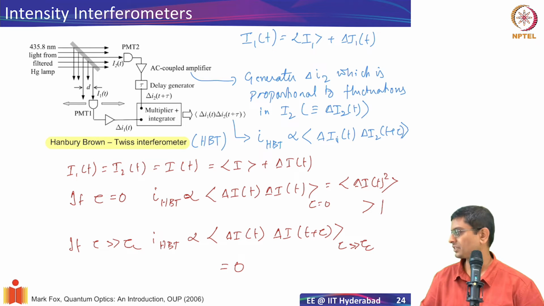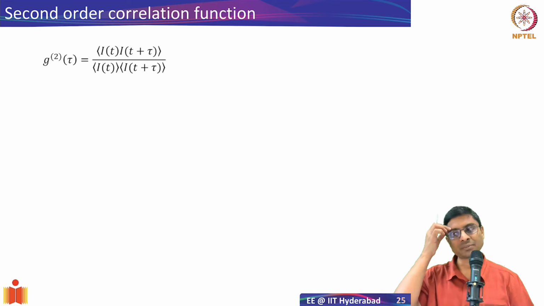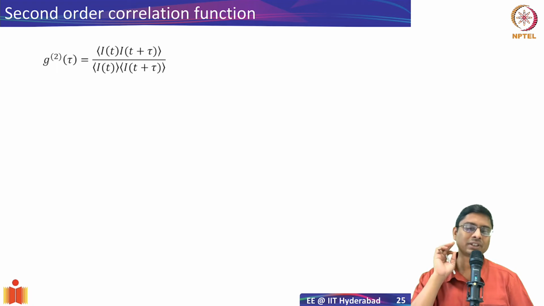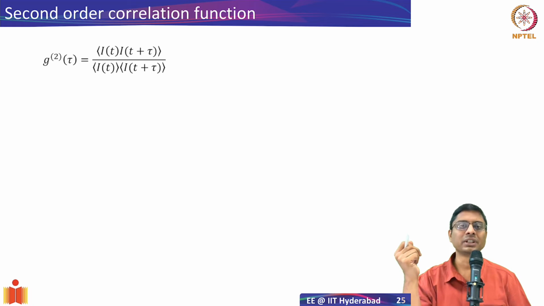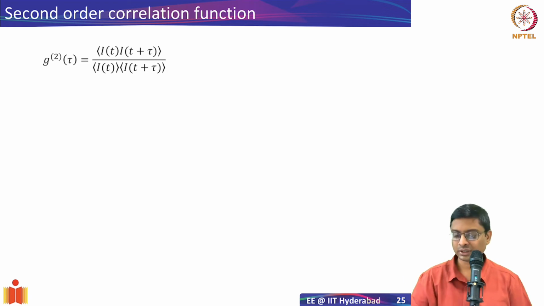So once you have such a scenario, in the quantum optics community there is a very common function that is used, called the second order correlation function, G2 we call it. Okay. So G2 is simply the time average of the product of intensities.